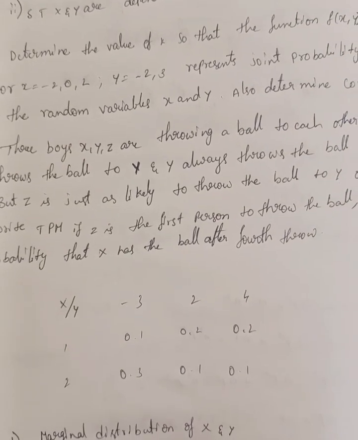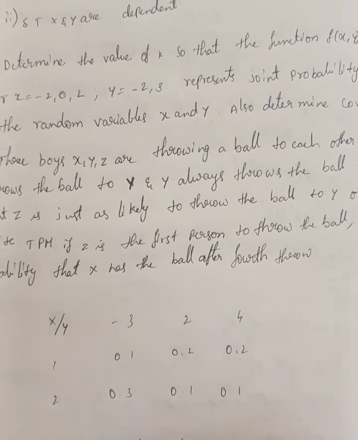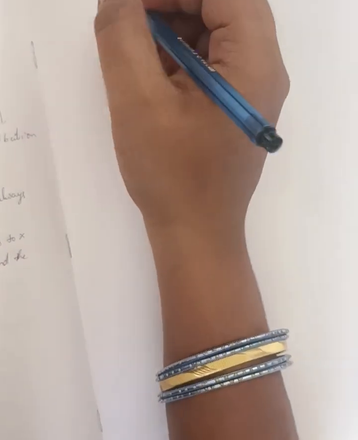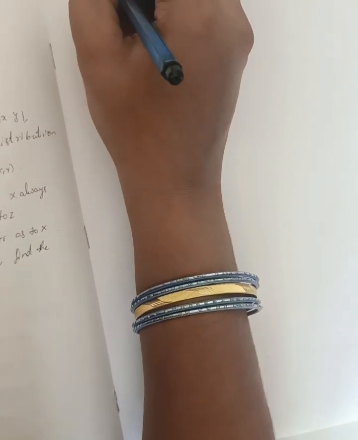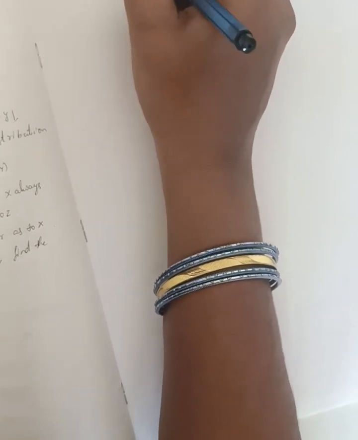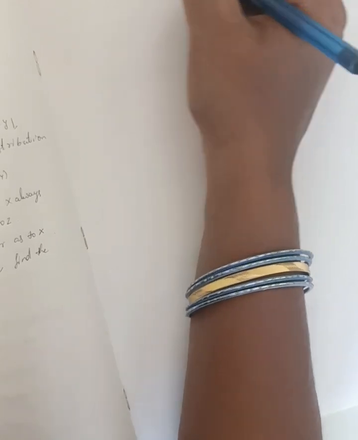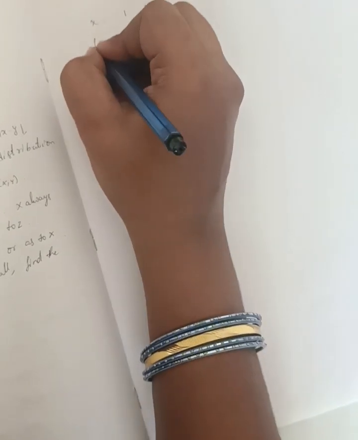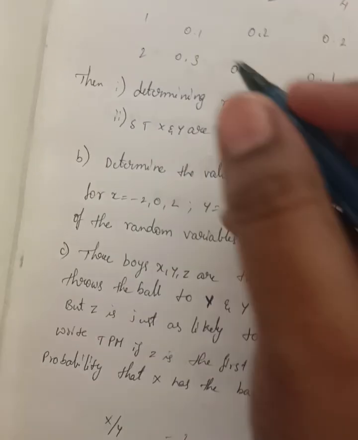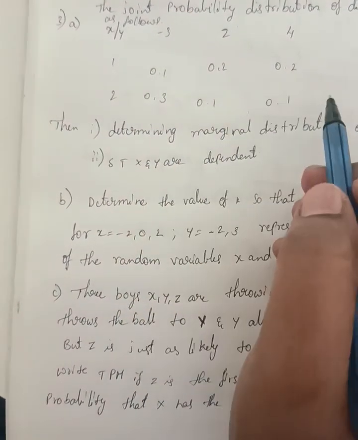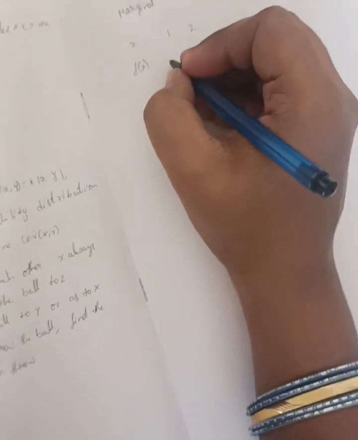This is the marginal distribution of Y. Next is the marginal distribution of X. X is 1, 2, f of x is 0.5 and 0.5.